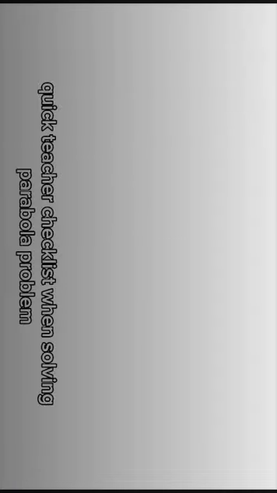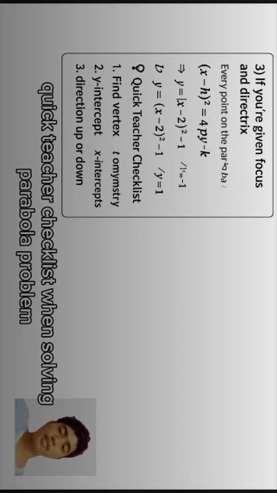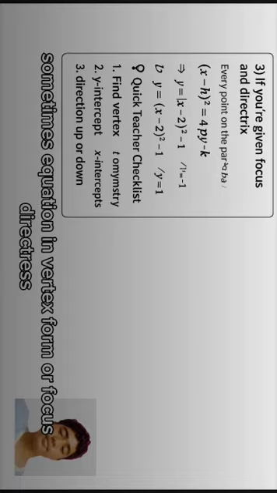So y equals x minus 2 squared minus 1. Quick teacher checklist when solving a parabola problem. The question asks you to find the vertex, axis of symmetry, y-intercept, x-intercept, direction, up or down, sometimes the equation in vertex form or focus and directrix.